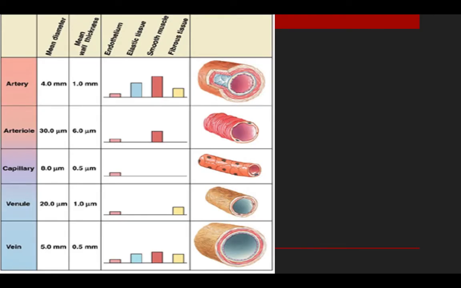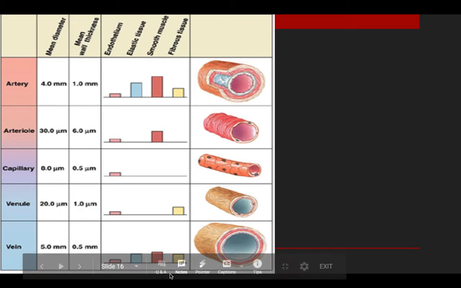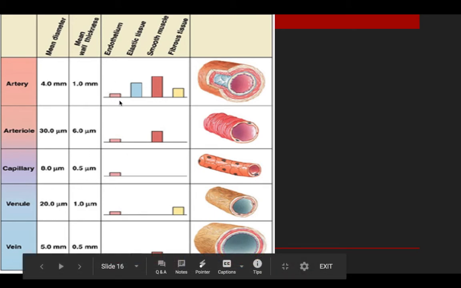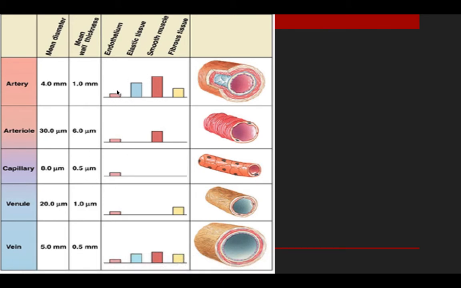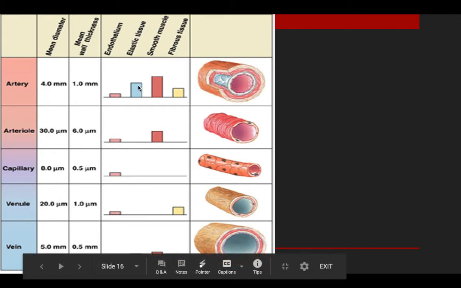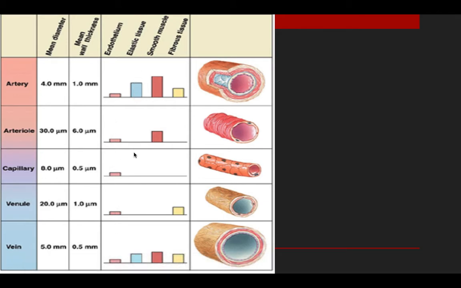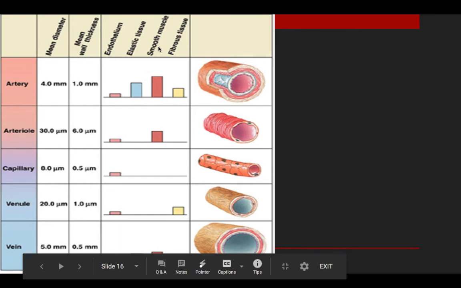All right, so to wrap up this lecture, let's compare and contrast arteries, arterioles, capillaries, venules, and veins one last time. Here in this graph, you can see a comparison. These are bar graphs, so you can see a comparison of the relative thickness of the tunica intima, which is the endothelium, any elastic tissue that might make up the tunica media, smooth muscle that makes up the tunica media, and fibrous tissue that makes up the tunica externa.